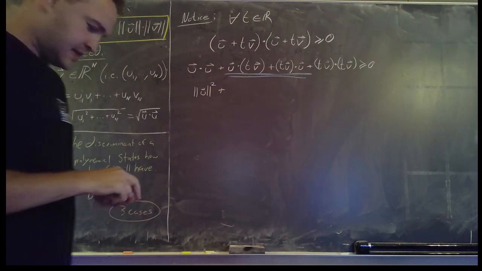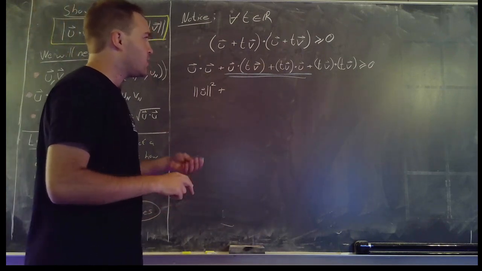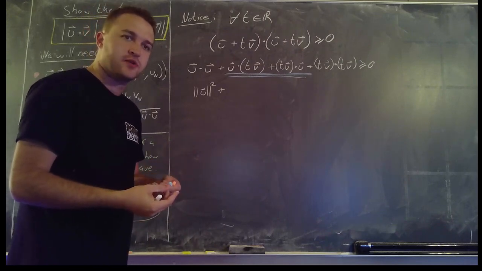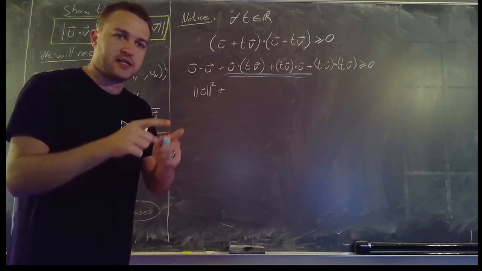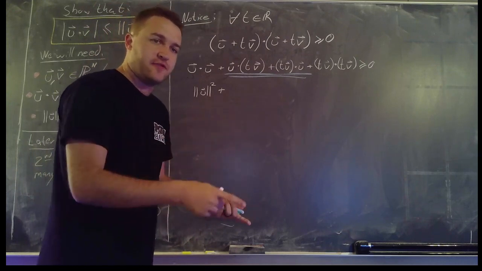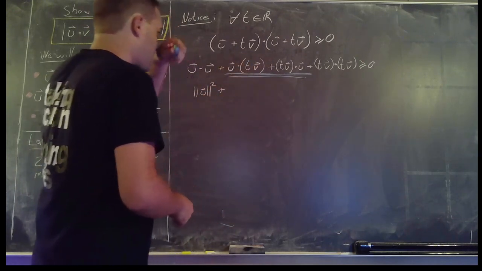In linear algebra we may or may not have commutation among the vectors, but since we're dealing with the dot product, which is just the element-wise products summed together, it doesn't matter whether I do u dotted with v first or v dotted with u. They're identical in the context of the dot product.